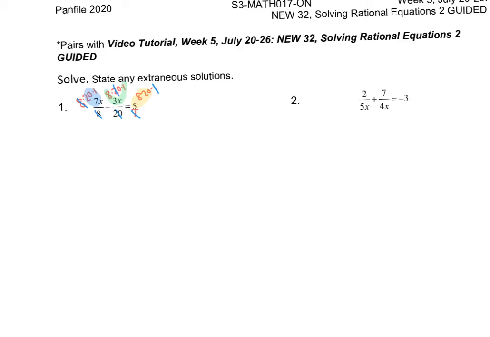So there we have 140x minus 24x equals 800.